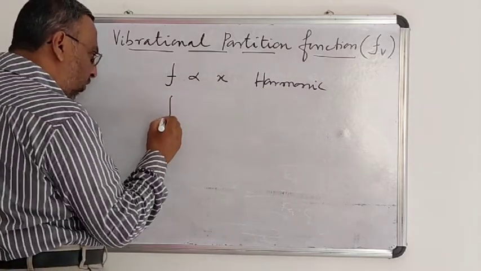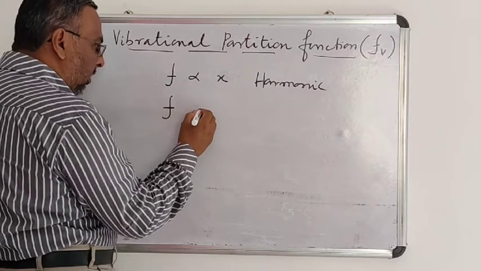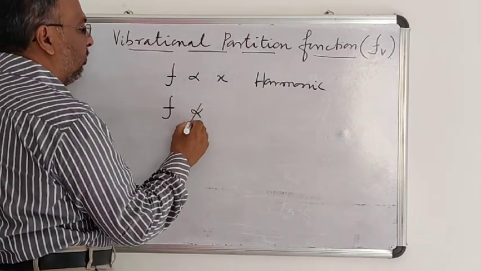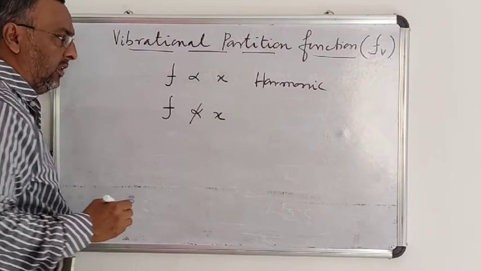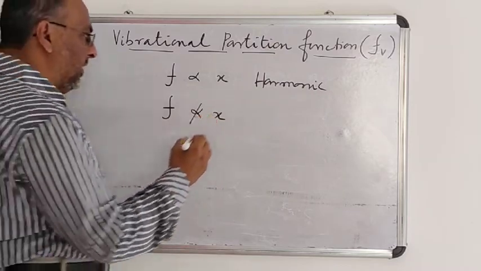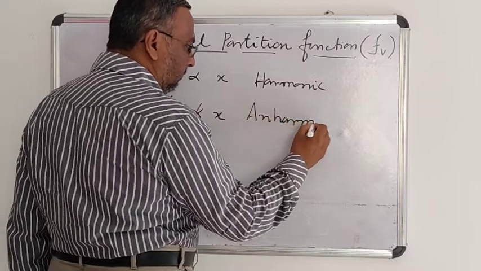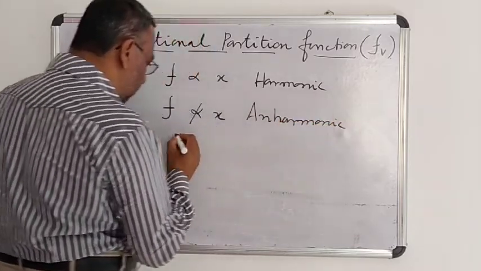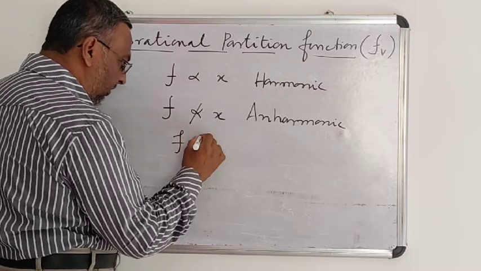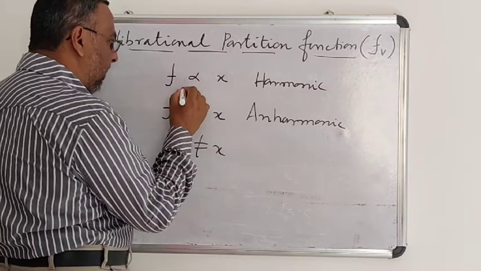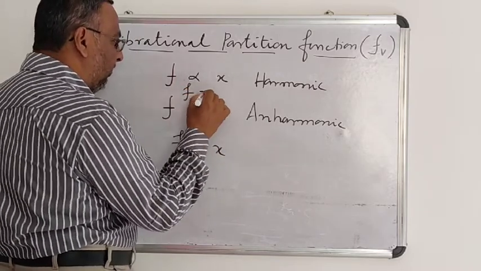If the restoring force is not directly proportional to displacement, then this is called anharmonic motion, that is, F is not equal to Kx. In harmonic motion, F is equal to Kx.